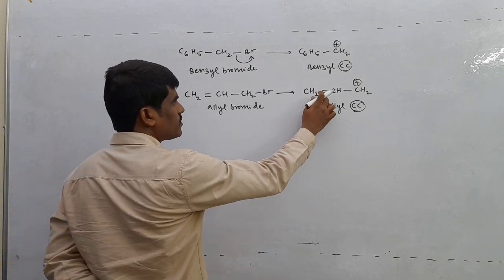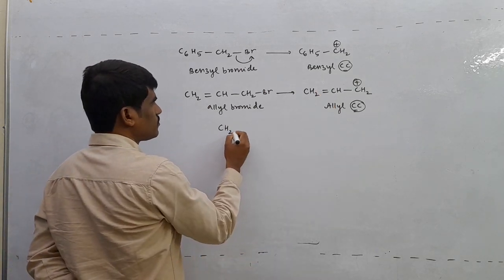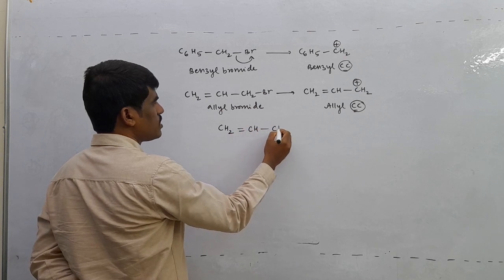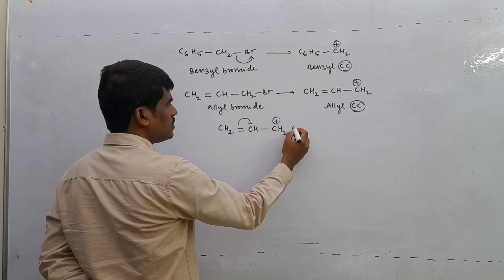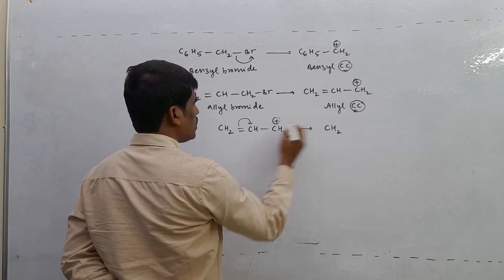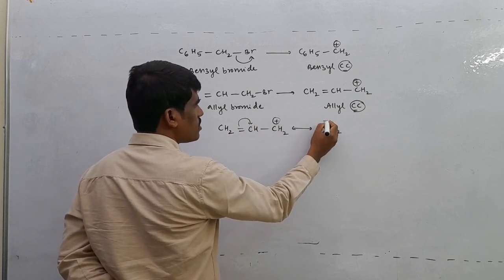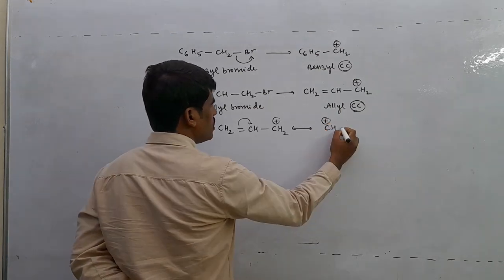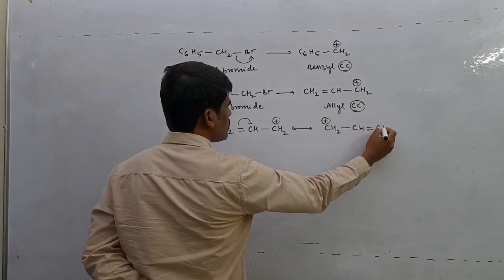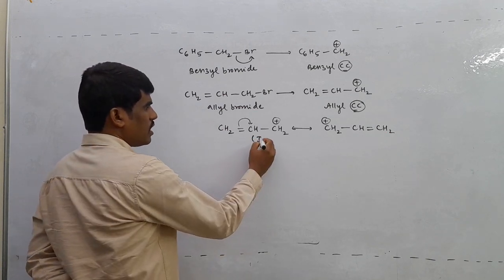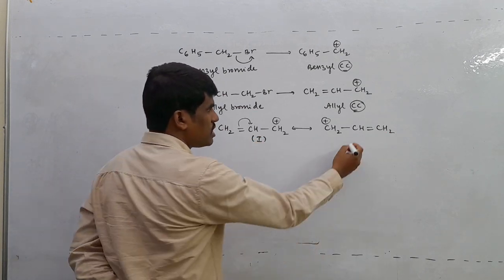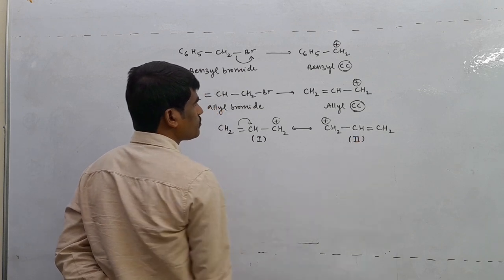For this, CH2=CH-CH2+, if I polarize the bond in this way, minus and plus can form a bond. This CH2 acquires positive charge, the double bond shifts, and the other CH2 becomes the site of the charge. It is equivalent resonating structure 1, and it is equivalent resonating structure 2.